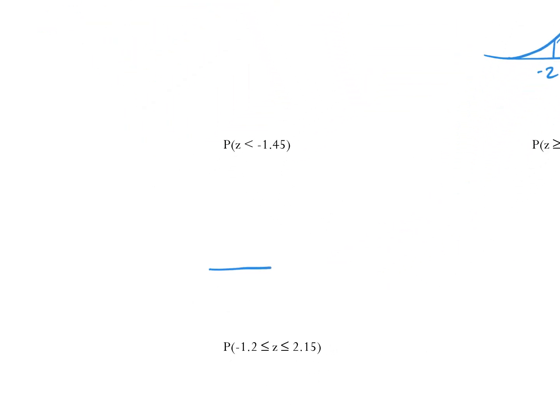All right. If I ask you, what is the probability that I am less than 1.45 standard deviations below the mean? Are you guys okay with my picture on this before I show you how to put this in? Okay.